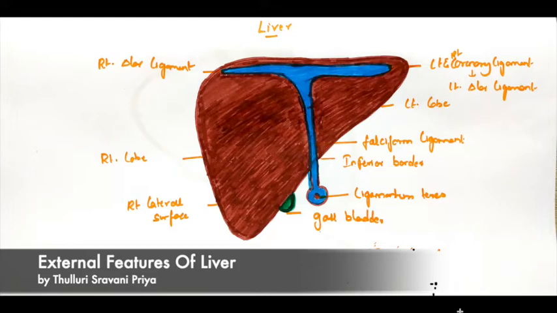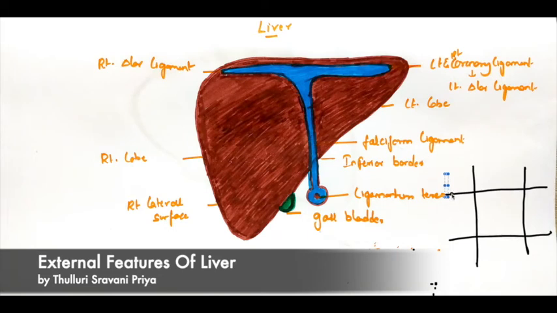If we go into the details of the liver, first we have to know about the location. It is located in the right side of the upper abdominal cavity. If we see according to the abdominal quadrants, mostly it occupies the right hypochondric region and epigastrium. See here, these are the nine regions.